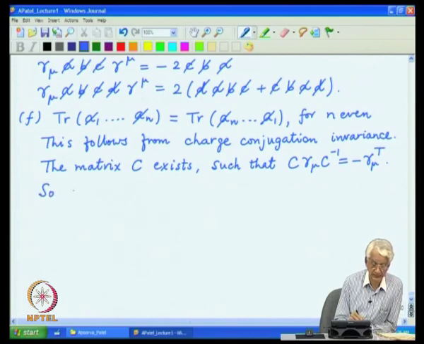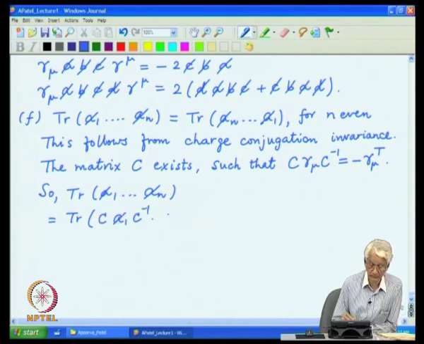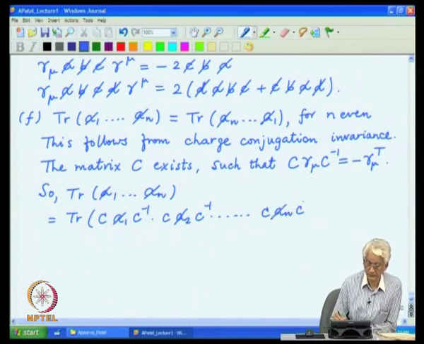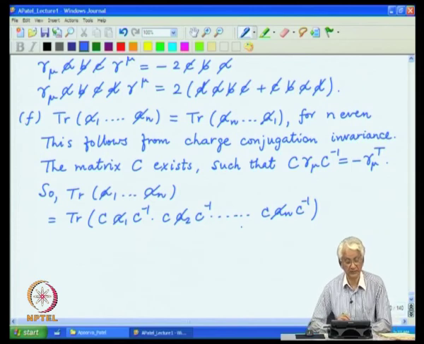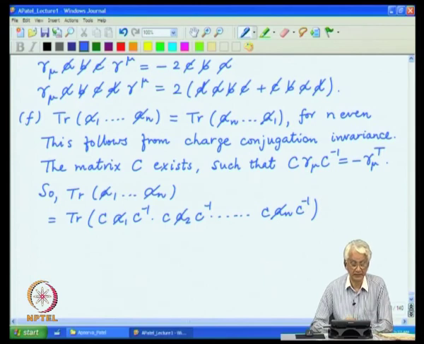So, one can see that the expression becomes with the trivial insertion of C inverse and C together with the cyclic property of the trace.